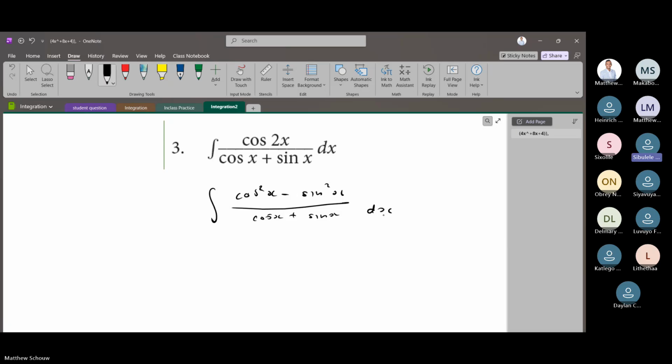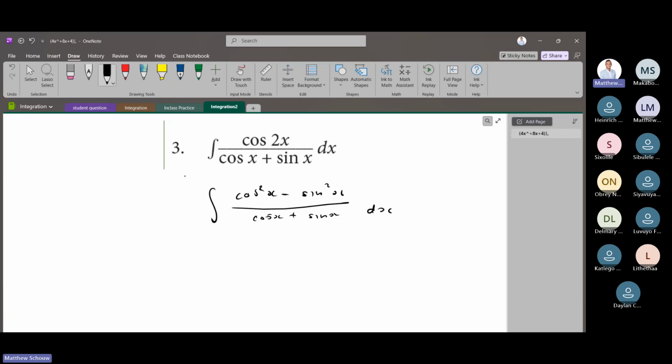Now the following step, you have to factorize the numerator, cos squared x minus sine squared x. It's going to be cos x plus sine x in brackets, times cos x minus sine x. Okay, let me explain that. He's correct.